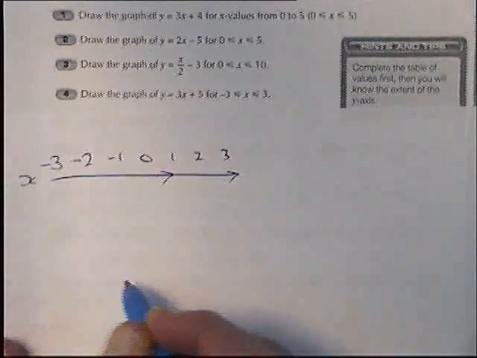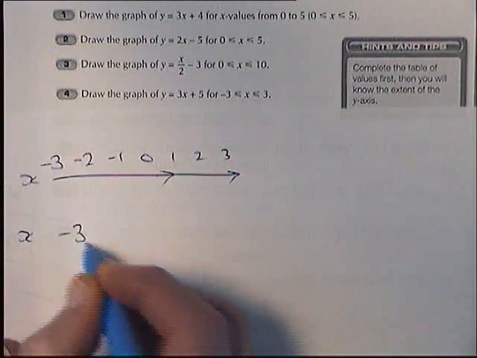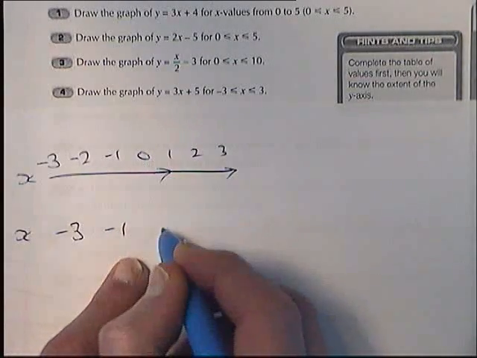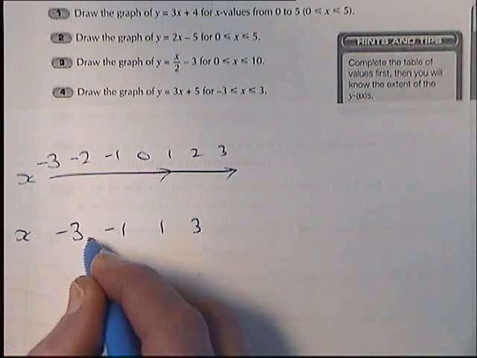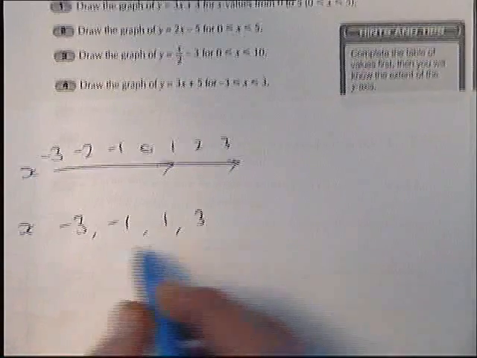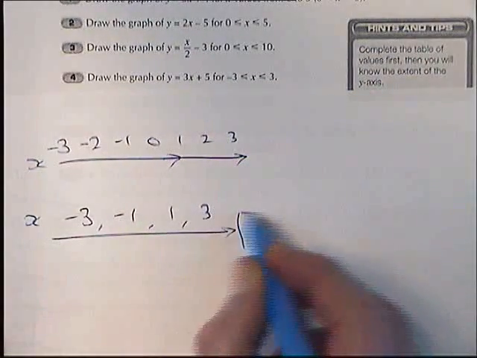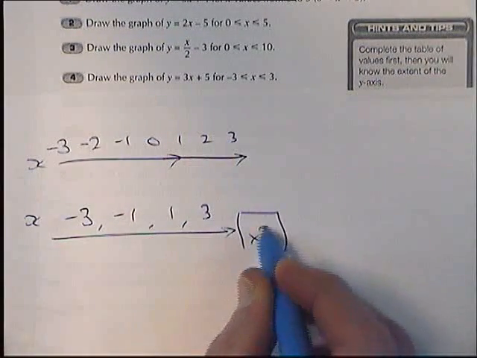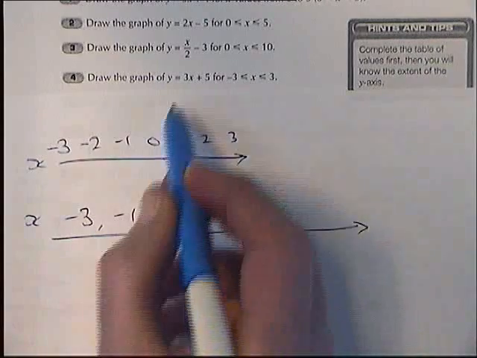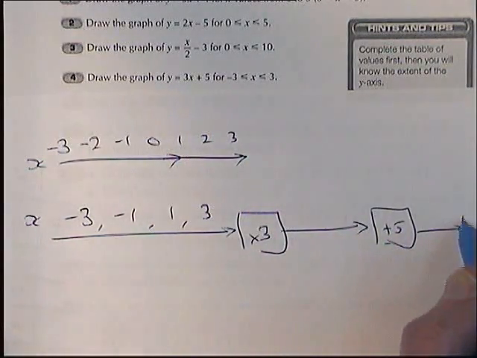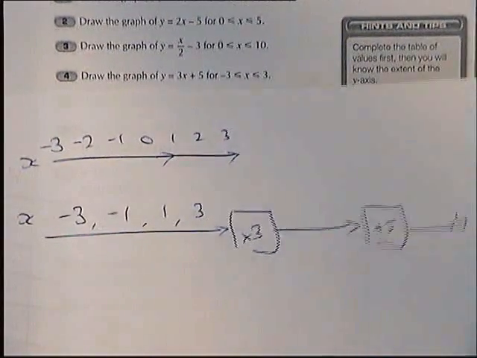Now you could have all of them, or you could just say, I'm going to miss some of them out and have -3, miss 1, -1, miss 1 out, 1, and then 3, and just work with 4 numbers on that arrow. And then your next instruction will be timesing by 3, then you'll have an arrow, and your next instruction will be adding 5, and then you'll end up with your Y numbers.